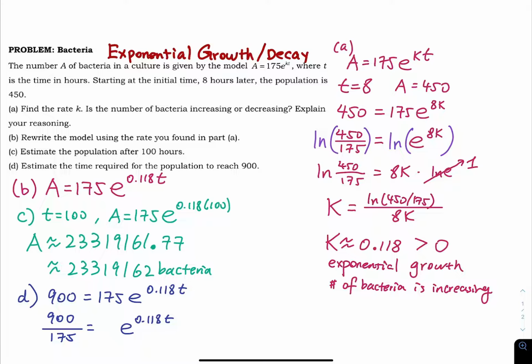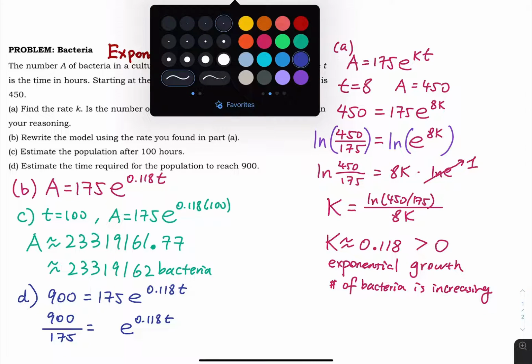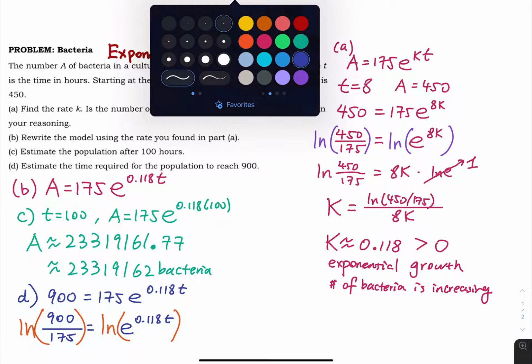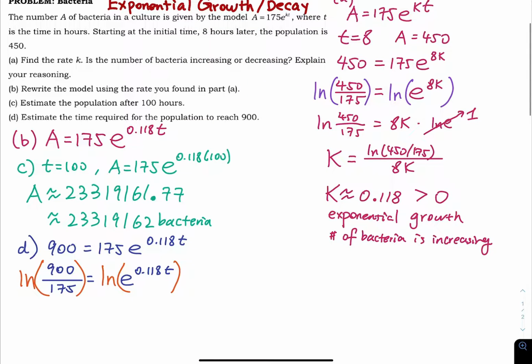To bring the exponent down, you have to take ln on both sides. Let's use orange. So ln, bring the exponent down, and then we can keep working on it. So we have ln 900 divided by 175 equals 0.118 t, and then ln e equals 1.